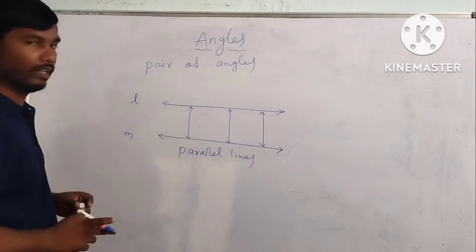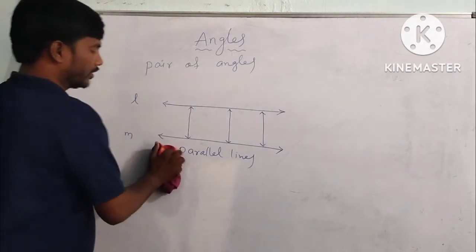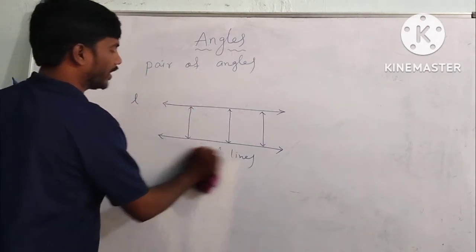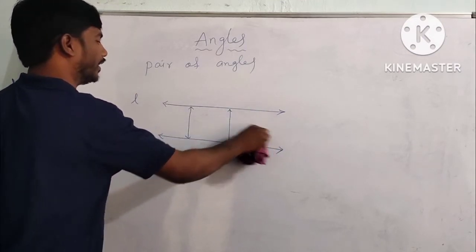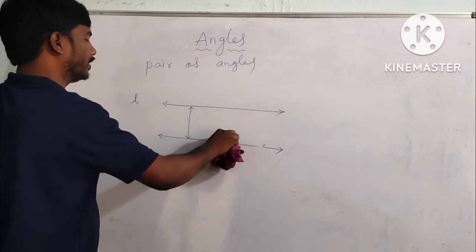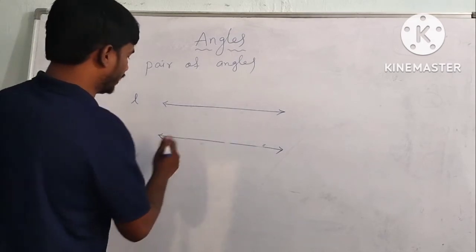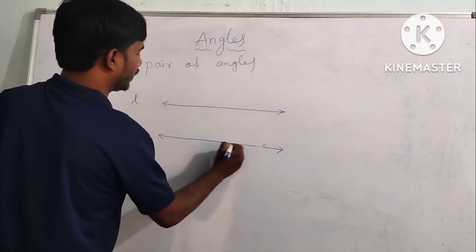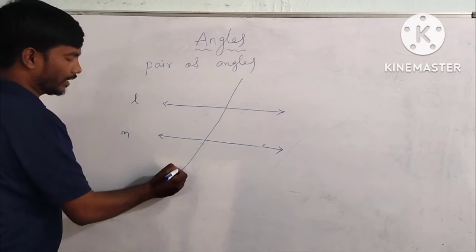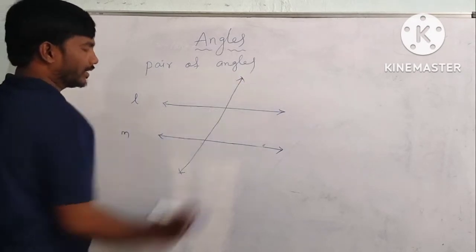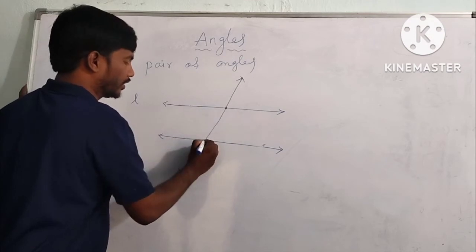Parallel lines. So these two lines are parallel lines, line L and line M. Now another line N is intersecting both the lines at two different points.